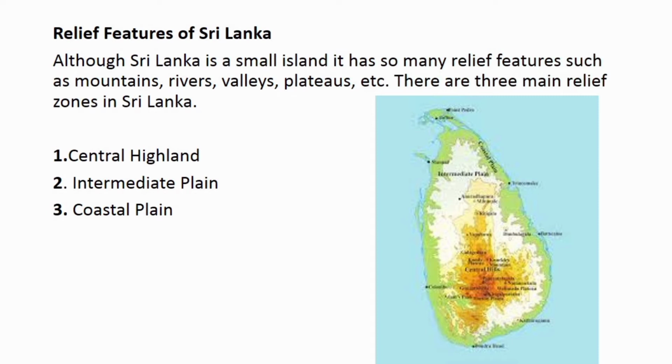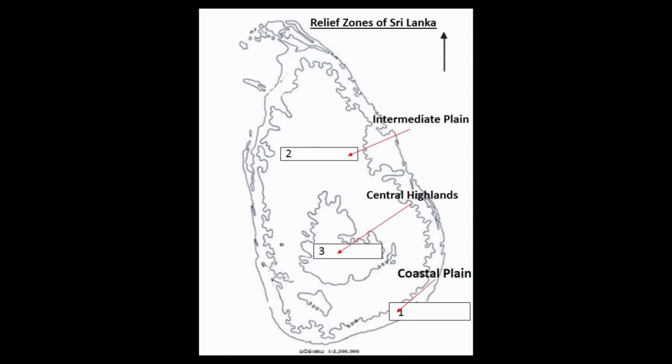They are coastal plain, intermediate plain, and central hills. Sri Lanka is an island, so around Sri Lanka we can see a coastal belt. This coastal belt is a plain area. Its elevation is about 30 meters from the mean sea level.